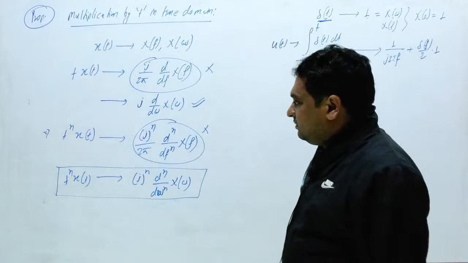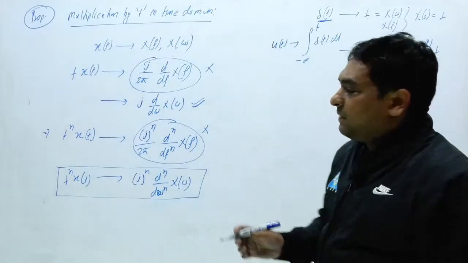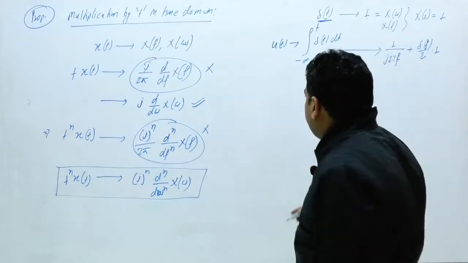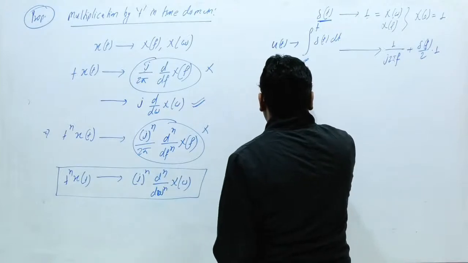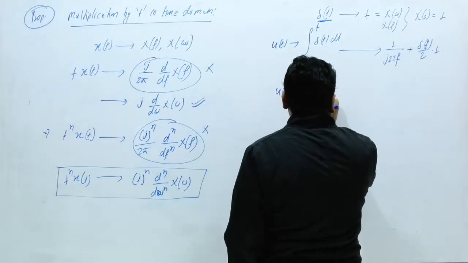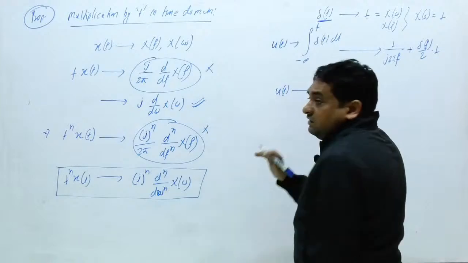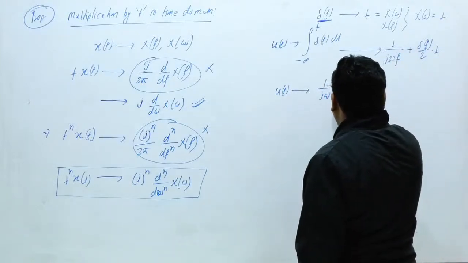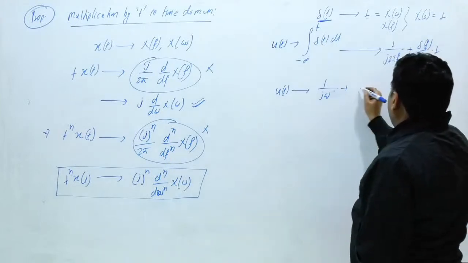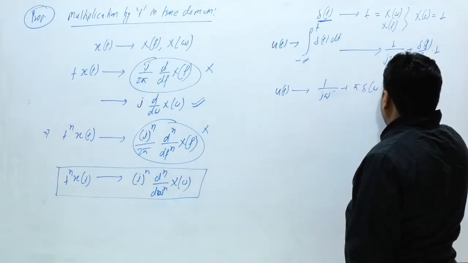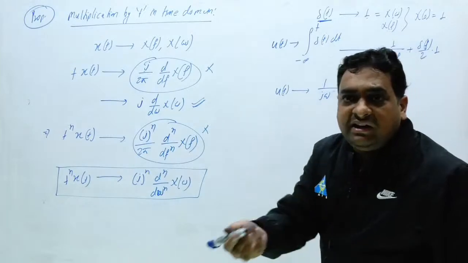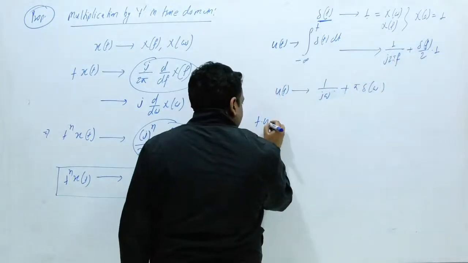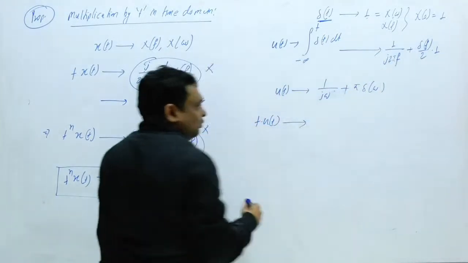Now our question: suppose you want to find the Fourier transform of t u(t). Already you know the transform of u(t) is 1 upon j 2 pi f, and in the omega domain we can write 1 upon j omega plus pi delta(omega). If you multiply by t, what will be the answer?